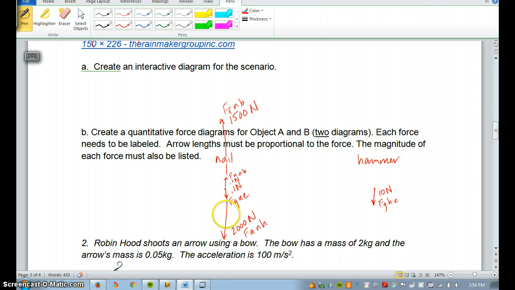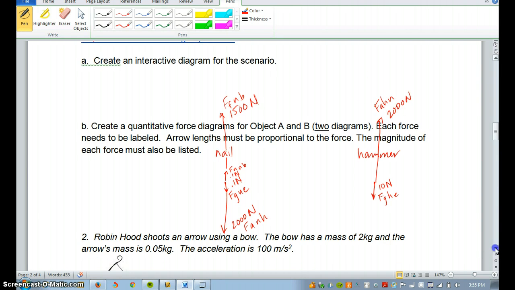Having said that, if we know that you have 2,000 newtons of force of the hammer pushing down, the nail is pushing up on the hammer with the same quantity of force. That's 2,000 newtons. This is going to be Fa, hammer and nail. And that is all that you're going to be putting for the hammer, just a small gravitational force and a large applied force.